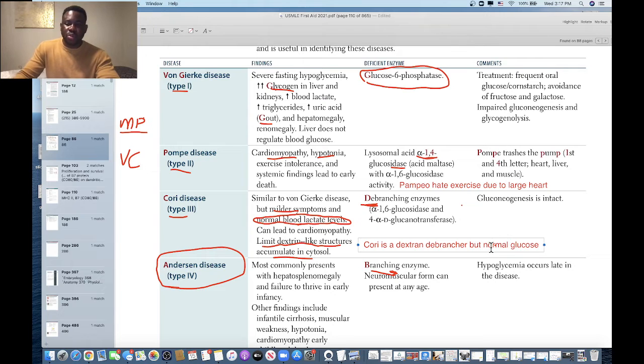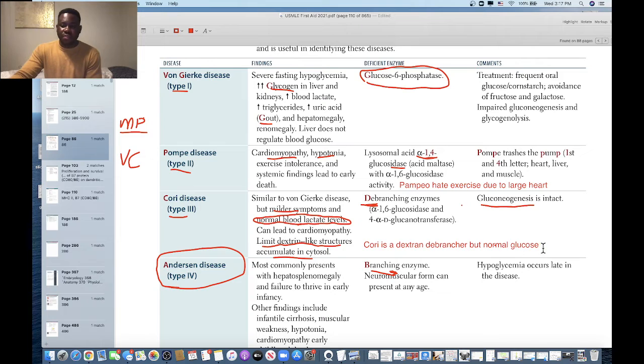Just take note, because gluconeogenesis is intact. So in some states, gluconeogenesis will be able to replace our glucose for Cori. At other times they will have hypoglycemia, because gluconeogenesis does not happen fast enough. So just stick to the mnemonic, but know that Cori can vary.